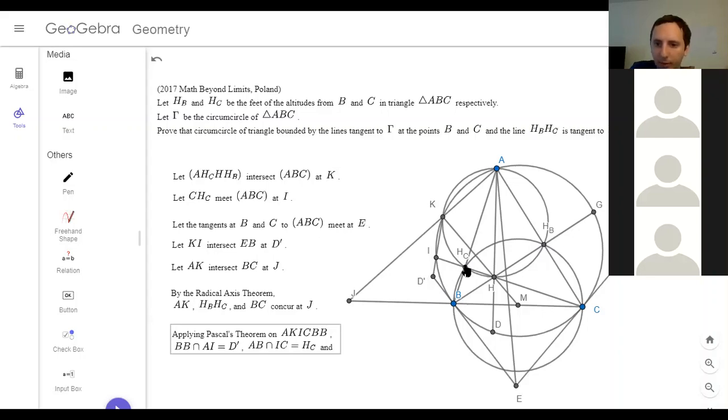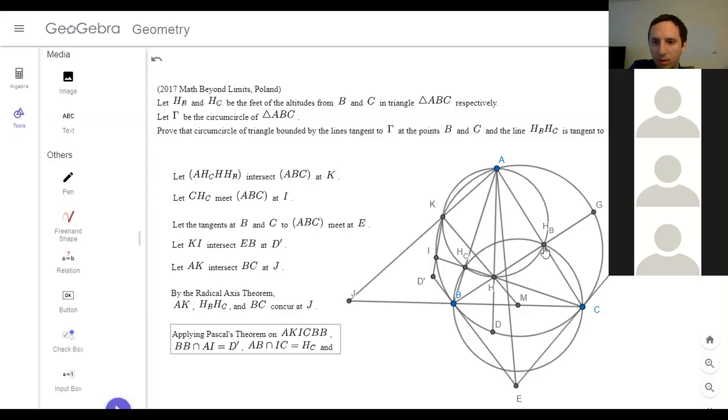Yeah, you're saying we know D prime lies on HCHB from Pascal. So I'm trying to apply Pascal's on this hexagon, right? We have C, J, and D prime.